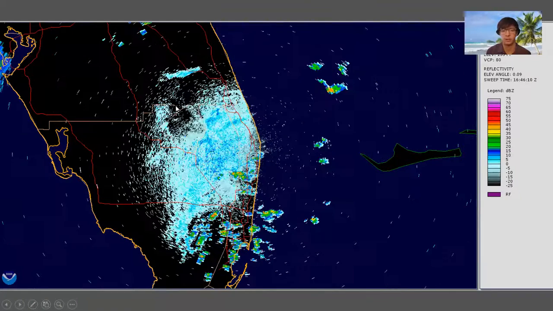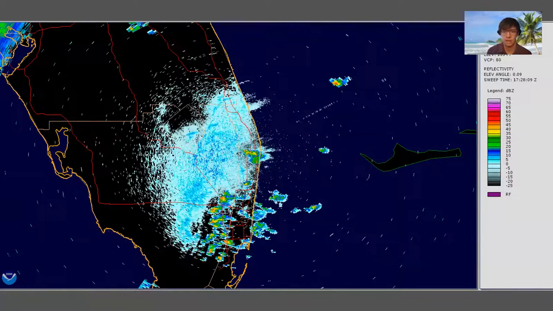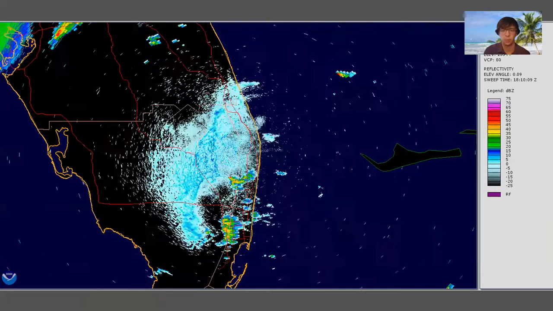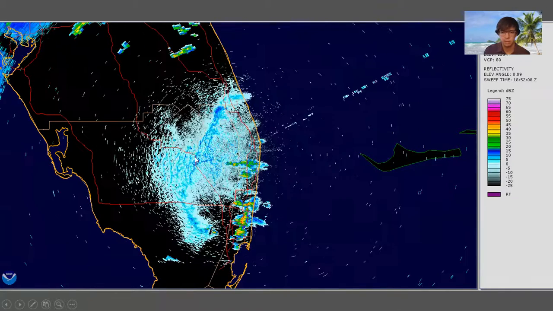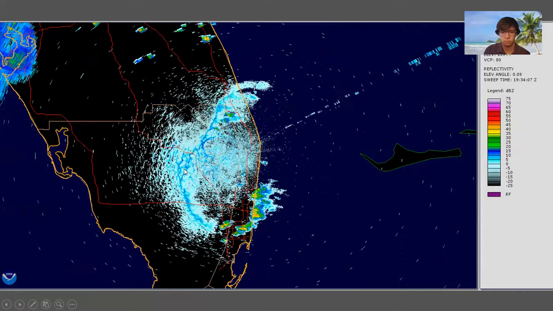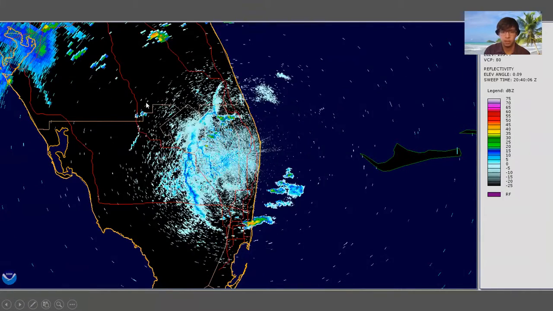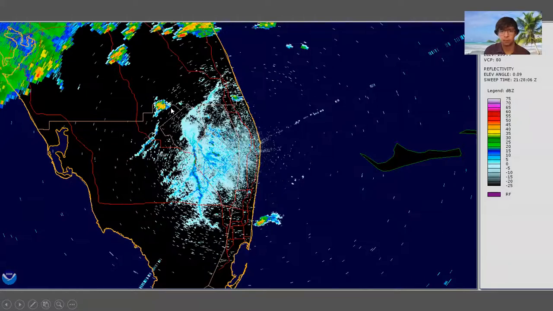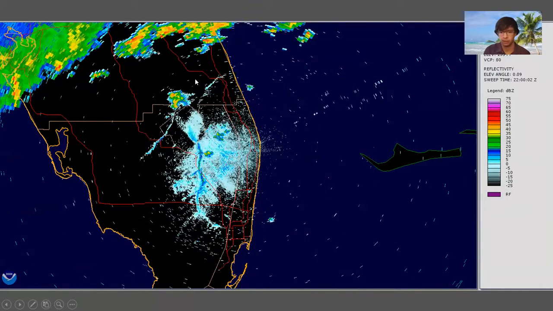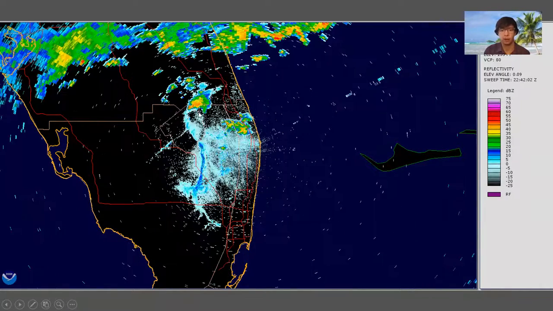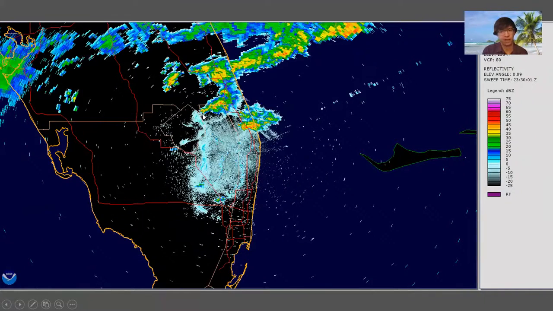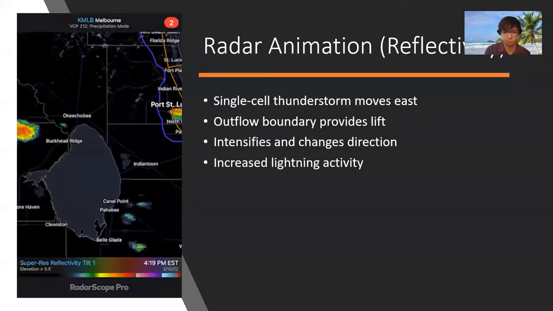It was just a single cell thunderstorm. And upon this collision, the storm quickly intensified. You can see here the outflow boundary from the storms in the southeast pushing northwestward towards Lake Okeechobee. The cell starting to grow here, remaining pretty consistent until it collides with the outflow boundary. It then intensifies and changes direction.